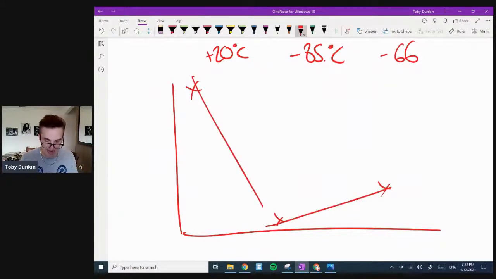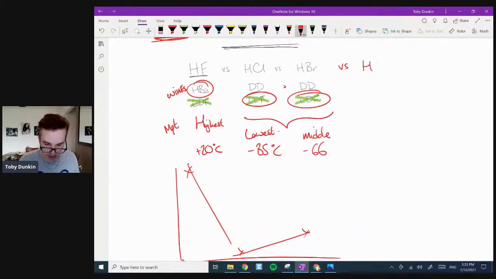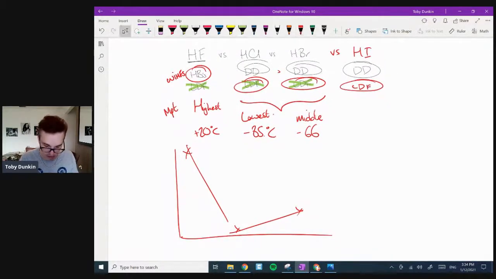And we can now predict where HI would be. Once again, it is a DD, but these all have DDs. We now need to compare the size of the LDFs in order to recognize their boiling points. And it's a bigger molecule, so it should get stronger.